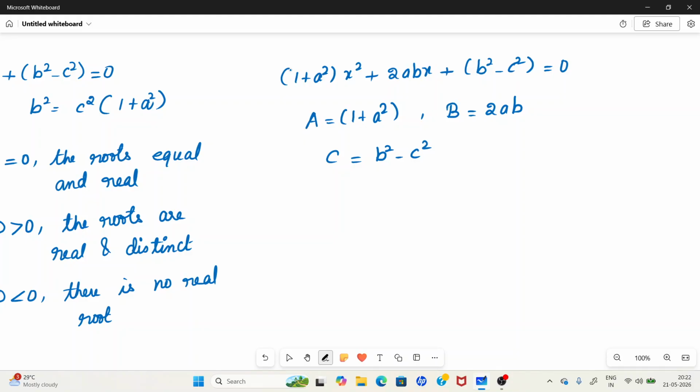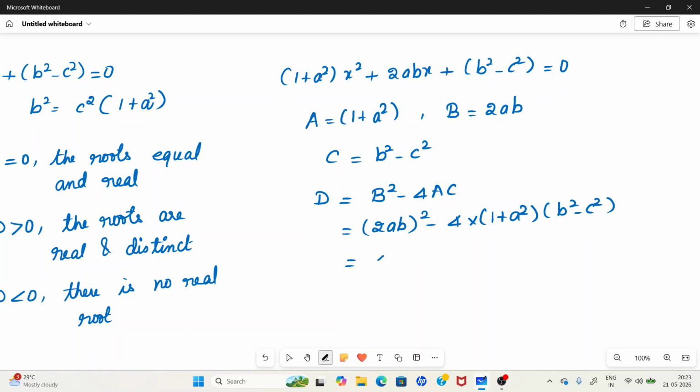So D, the discriminant, is equal to b² − 4ac. So b² here is (2ab)², minus 4ac. 4 into a, which is 1 + a², into c, which is b² − c².